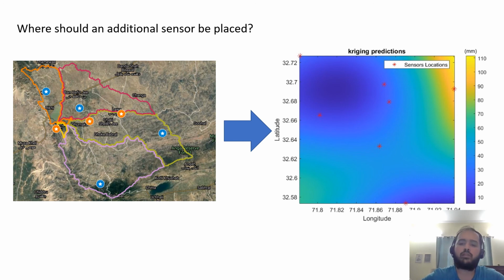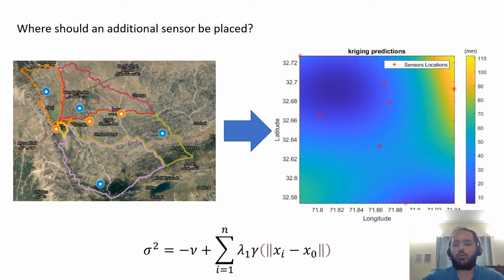Now, one very good criterion that is actually followed in practice is the expected error. Remember that in order to calculate the weights, we don't actually need the measurements. We only need the variogram. So your matrices A and B only require the variogram.